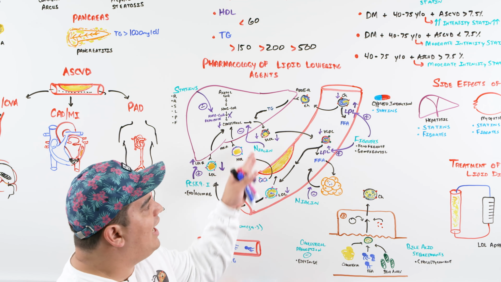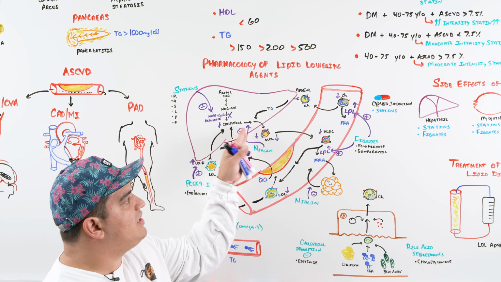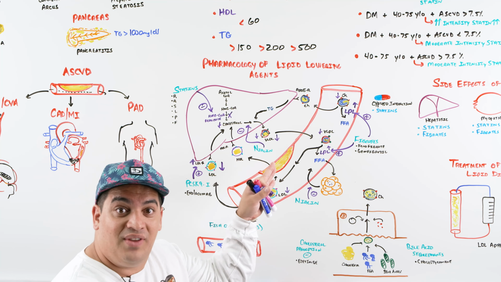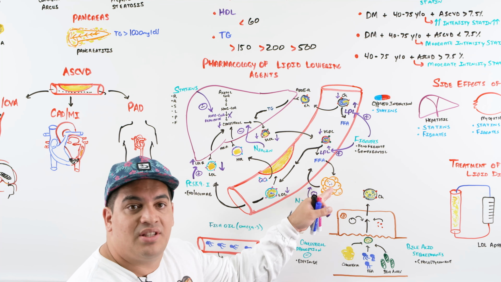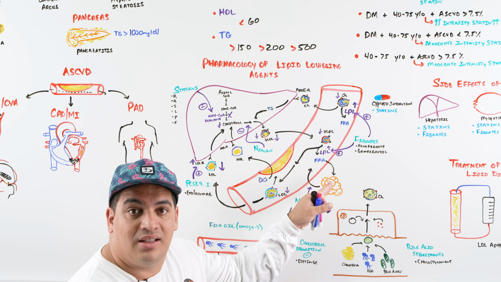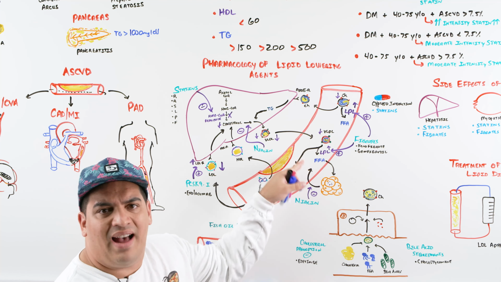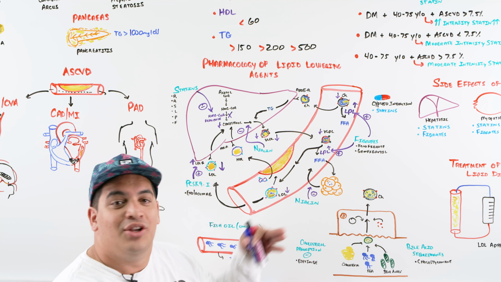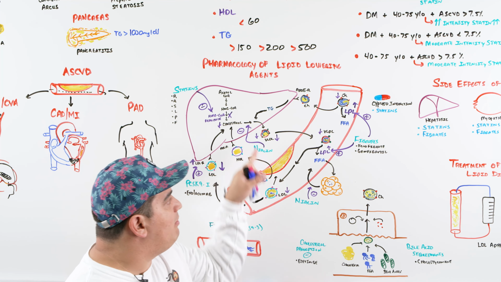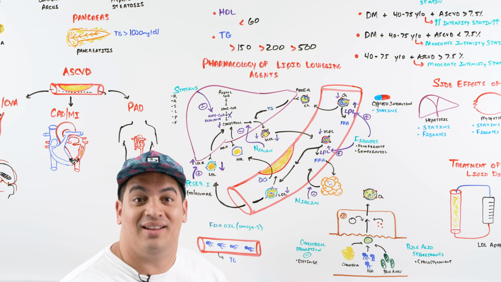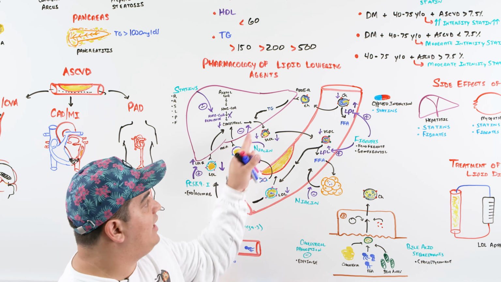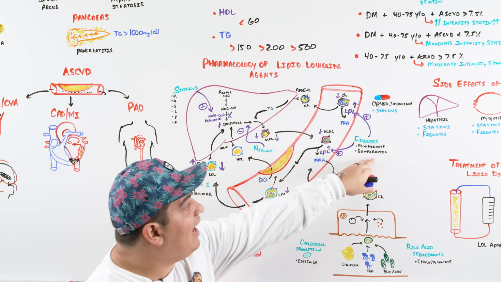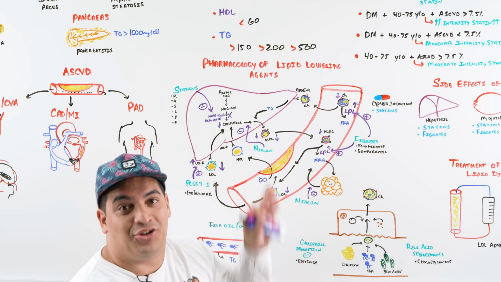So whenever we use niacin, the basic thing to remember is that it inhibits VLDL synthesis, so it lowers your VLDL, and it also inhibits the fat tissue from undergoing lipolysis, which reduces the number of free fatty acids inside of the bloodstream. So niacin may be good for those patients who have hypertriglyceridemia, because again, it's dealing with the actual triglycerides, just like fibrates may be a good drug for high triglycerides.